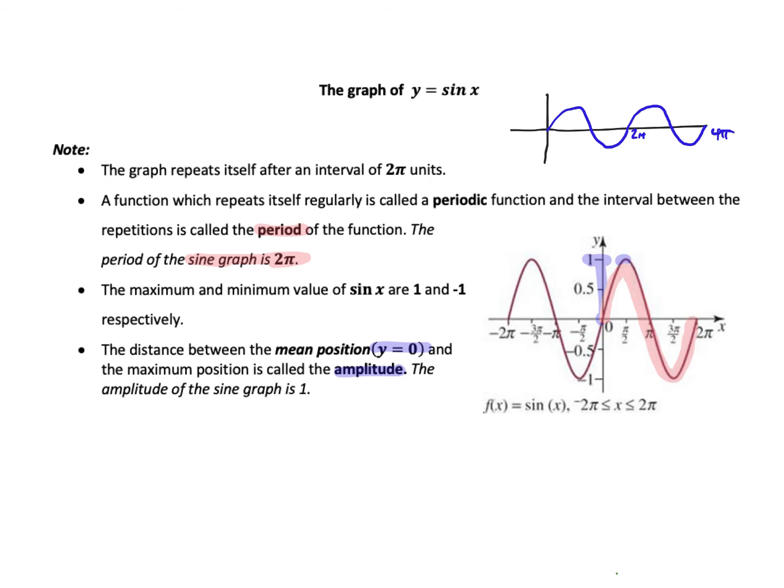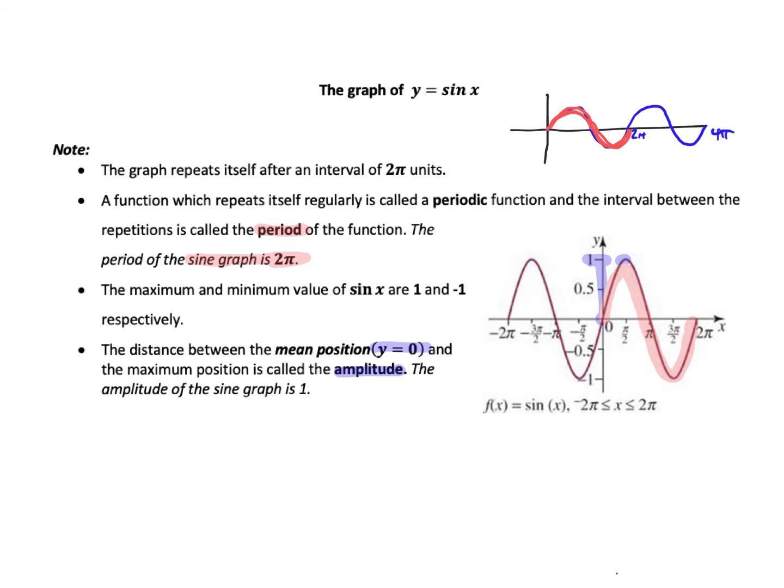A function that repeats itself regularly is called a periodic function, and the interval between the repetitions is called the period. So in this basic sine graph, the period is how long it takes to do one cycle, which is 2 pi in a basic one.